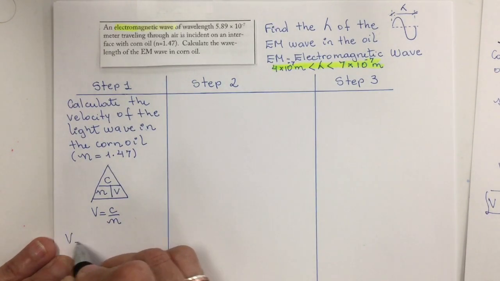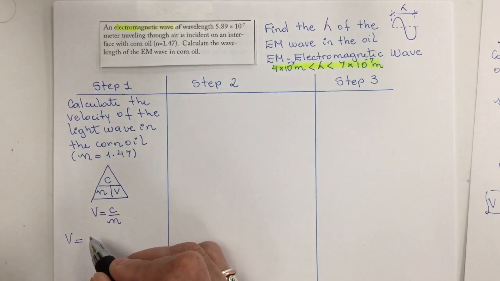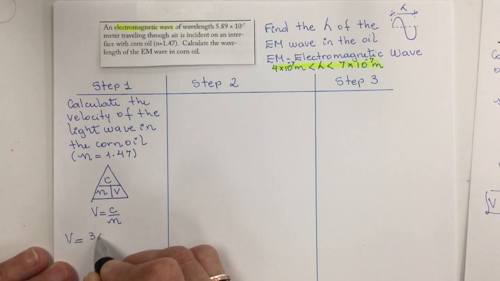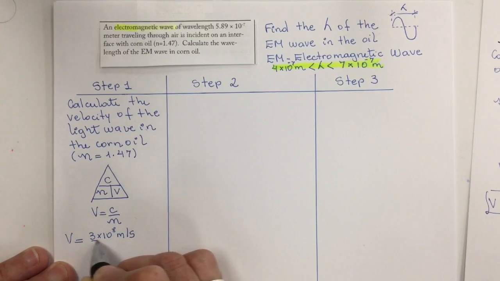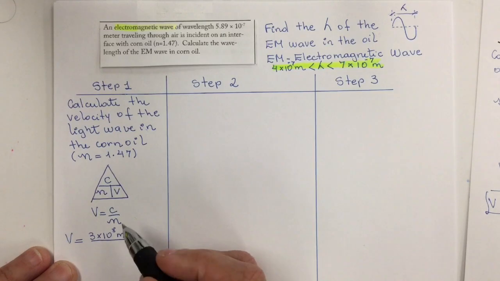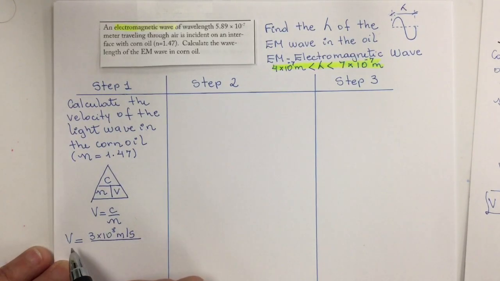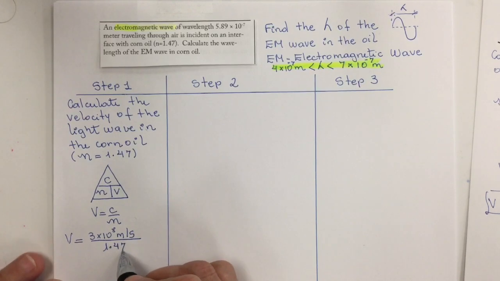So V is equal to C, the speed of light in the air, which is slightly the same as the speed of light in the vacuum, 3 times 10 to the 8 meters per second, over the index of refraction of the medium in which I want to calculate this velocity, which is 1.47.